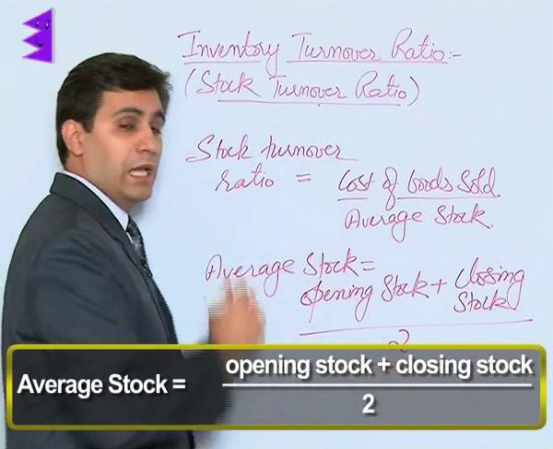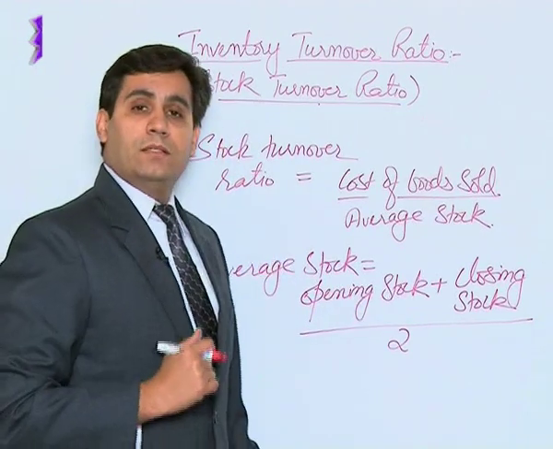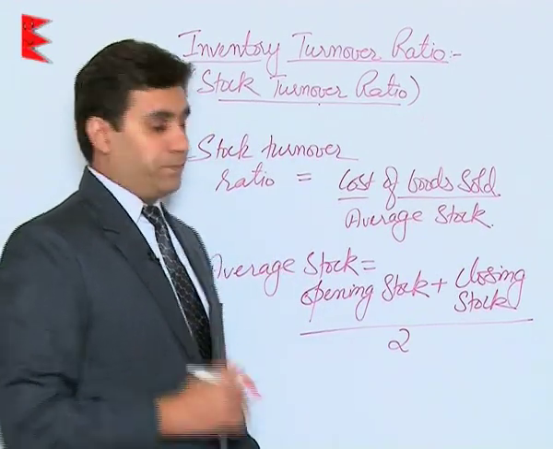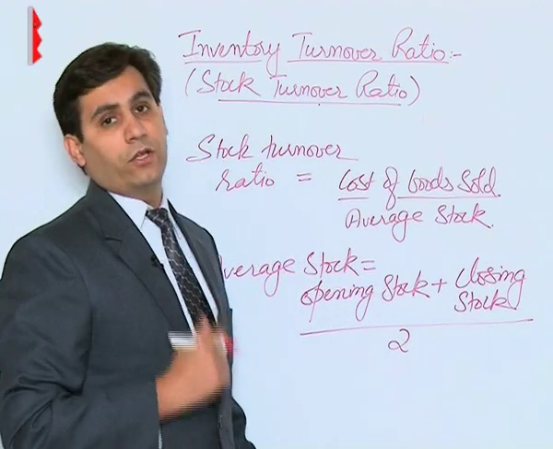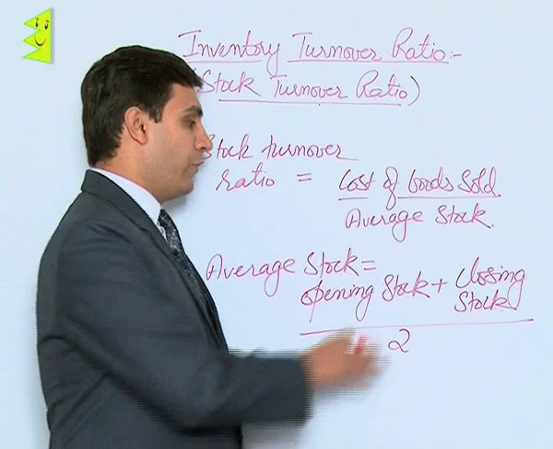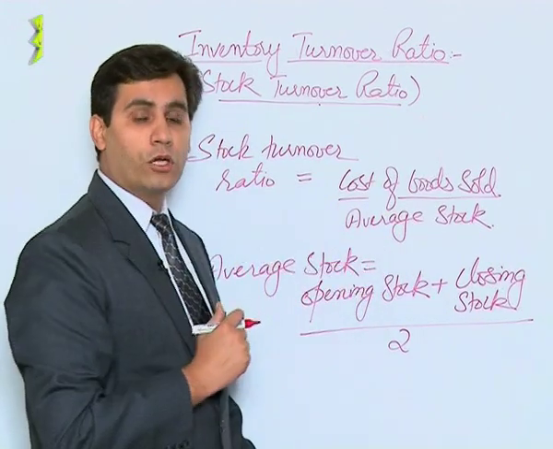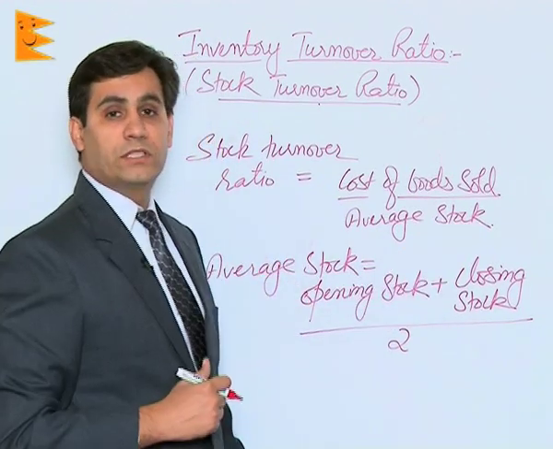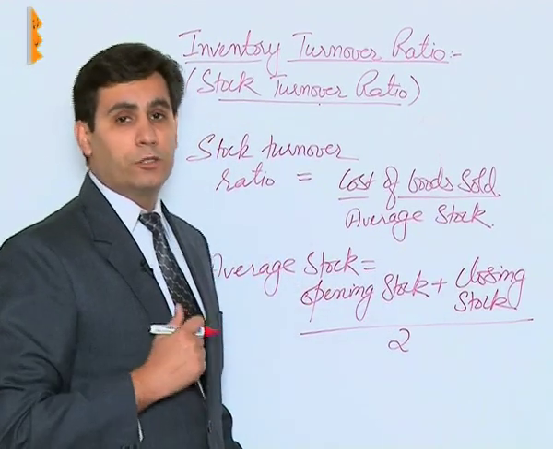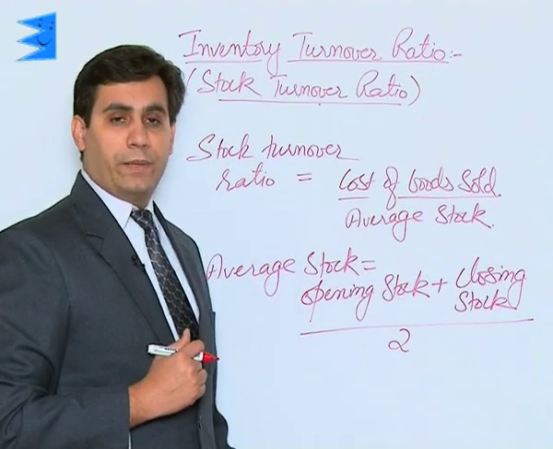That is to find the average. By opening stock we mean stock in the beginning of the year, and by closing stock we mean the value of stock at the end of the year. So now we have the denominator. We can calculate the denominator, that is average stock, by calculating the total of opening stock and closing stock and dividing it by 2.